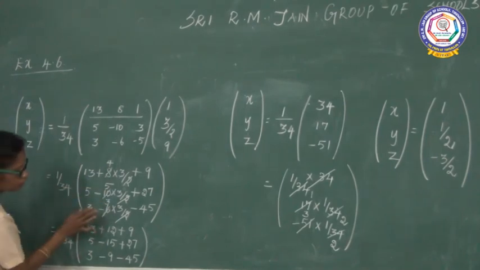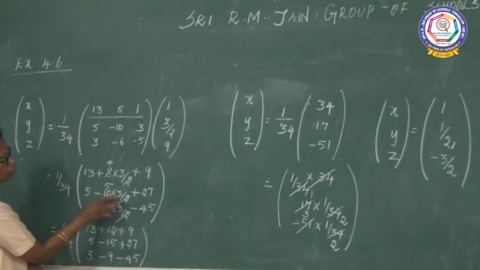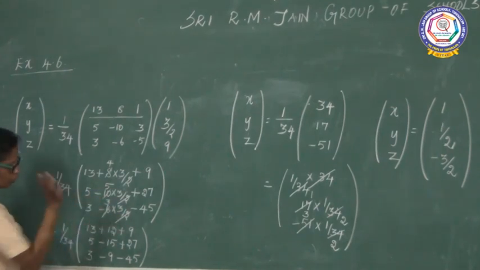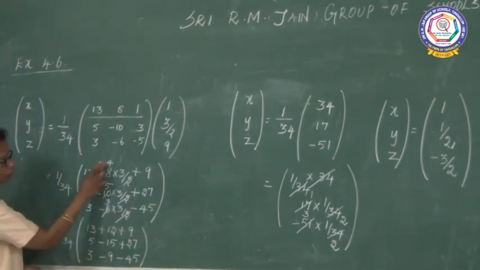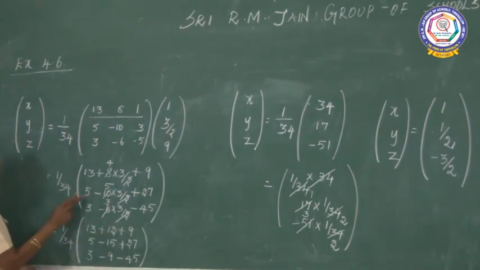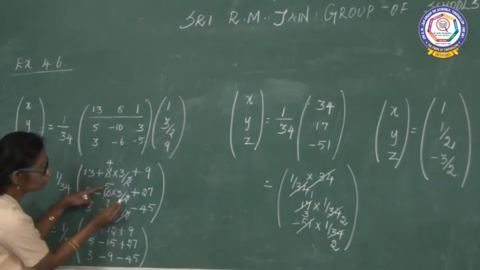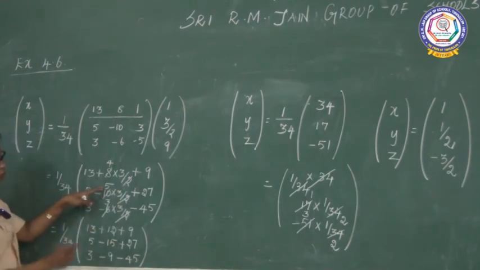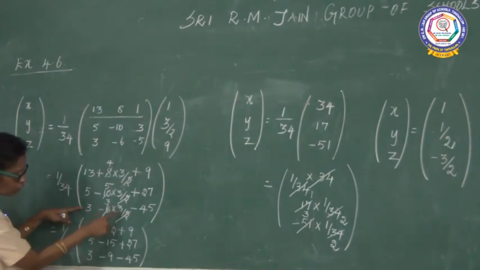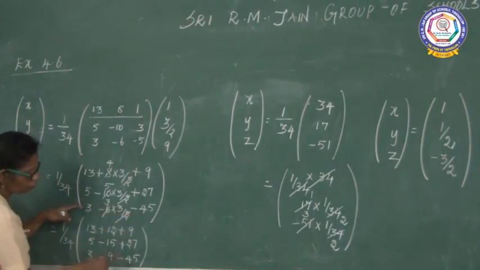The cancellation is possible here in the middle alone. So 13 plus 12 plus 9. 5 minus, you have to be very careful, 5 into 3 is there, so it becomes minus 15 plus 27. 3 minus 3 into 3, 9, minus 45.